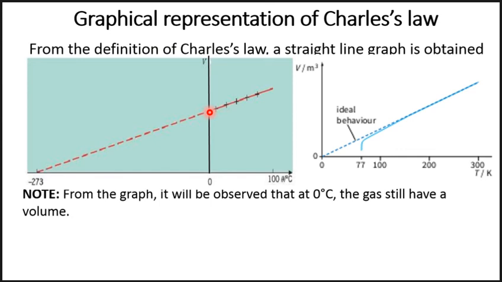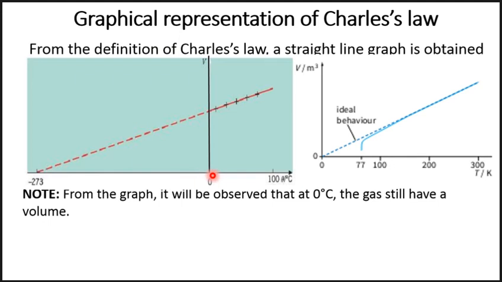What do I mean? That is, at this 0 degrees Celsius, the gas liquefied. That is why it has an amount of volume right there. And this temperature where the gas liquefied is regarded as the liquefaction temperature.